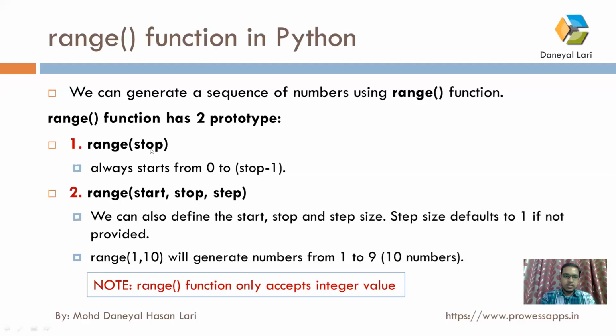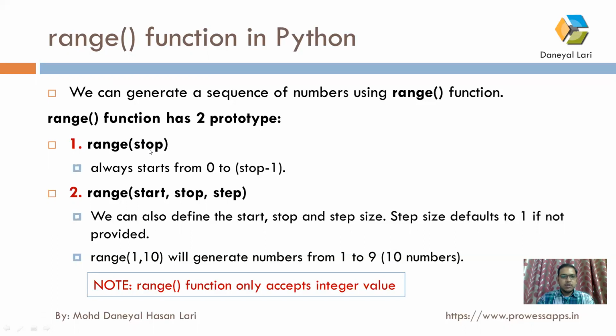So if I write stop and I provide 10, it will not go to 10, it will go till 10 minus 1. 10 will not be included. So the stop will be excluded in the range. It will always start from 0, and if I provide range 10, it will generate a sequence from 0 to 9.